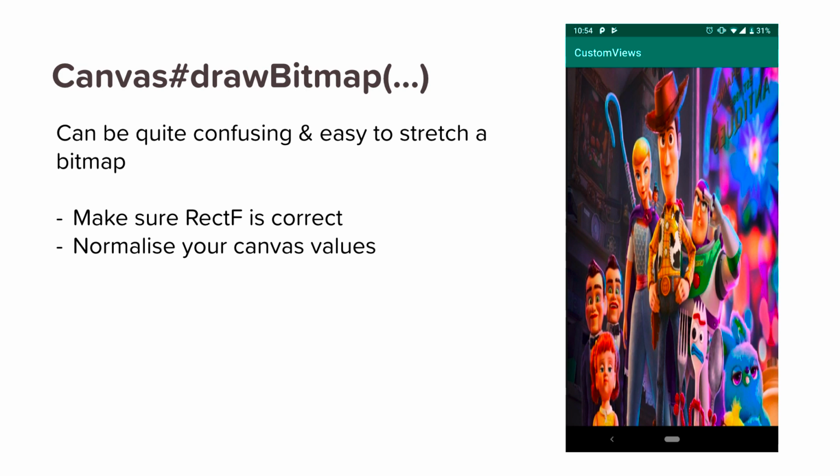So it's easy to stretch things like you can see here. I would suggest that you make sure the values you're passing into these functions are correctly scaled to the correct aspect ratio, because the canvas doesn't know anything about the size of your bitmap or the aspect ratio that it needs to maintain. One way to deal with this is to normalize your canvas values, and we'll talk a little bit about that later on today as well.